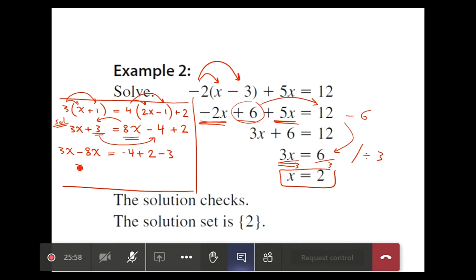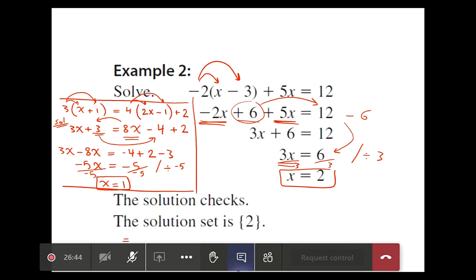Now we have minus 5x, and minus 4 plus 2 is negative 2, negative 2 minus 3, we have negative 5. By dividing by negative 5, what is the value of x? X equals 1. How can we verify whether this is correct or not?